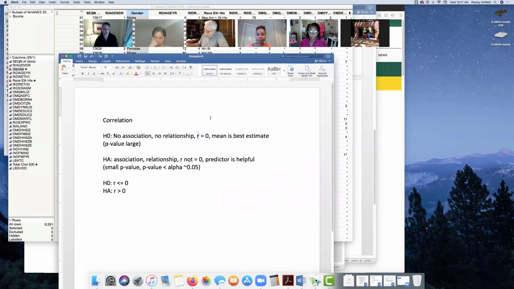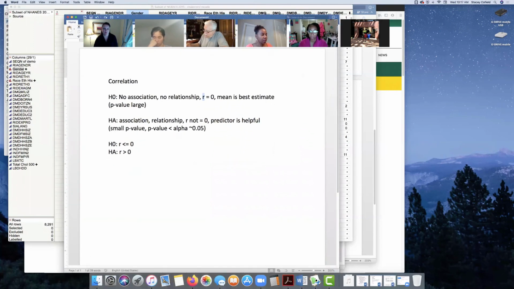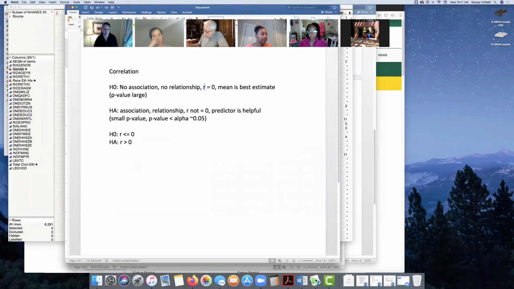Does it say non-directional test or directional test? It says, as before, alpha is divided in half for a non-directional test and not divided for a directional test. That's page 4 of 4 on the module. That's backwards. A directional test is one-sided.